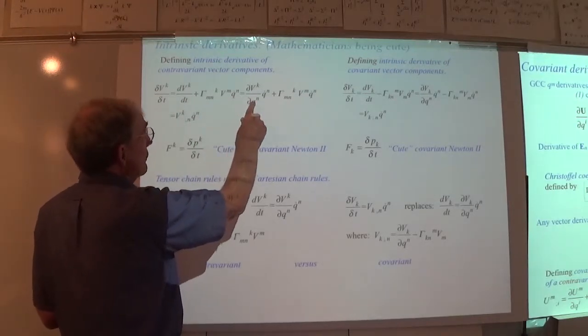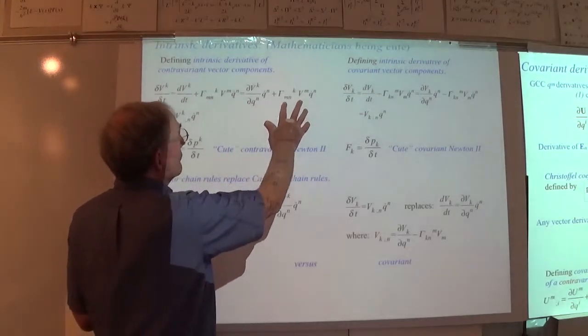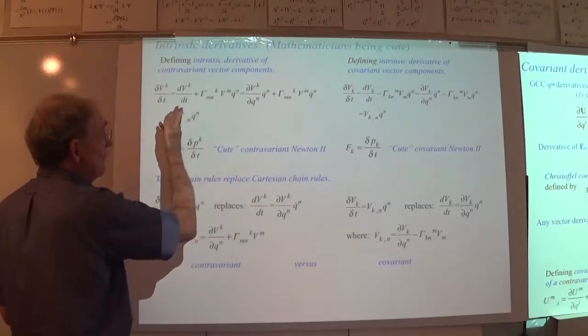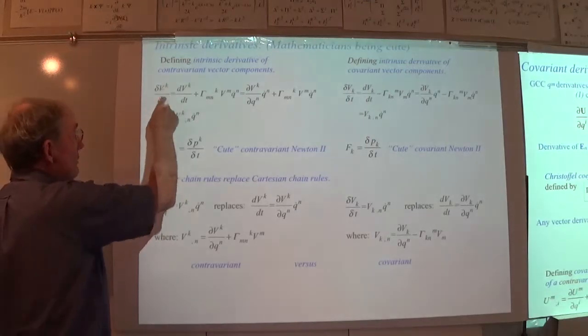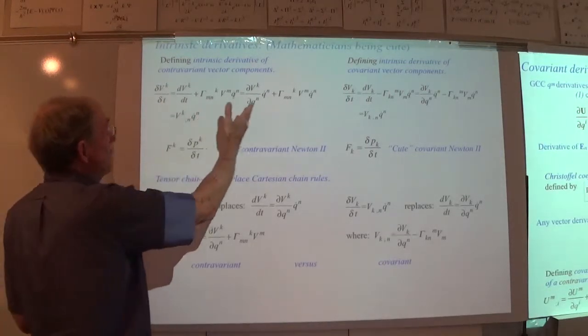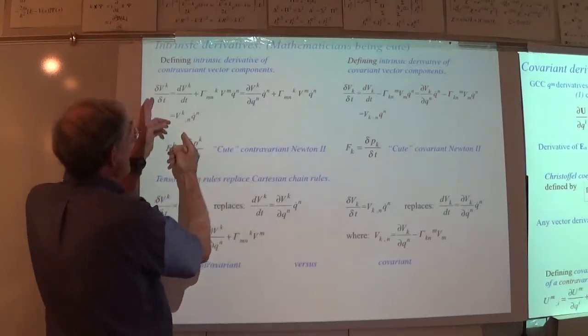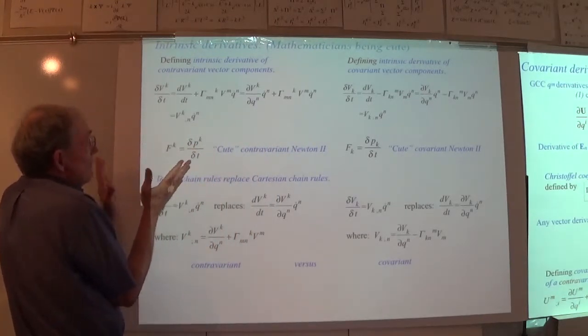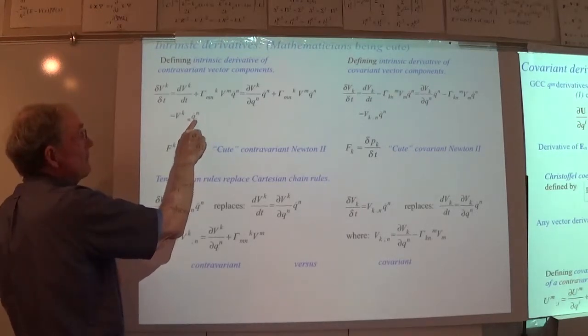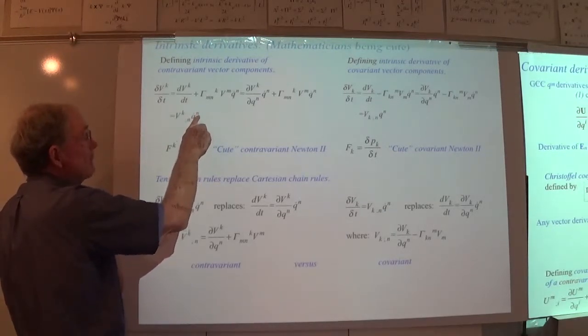In other words, we write this thing with the Christoffel coefficient in there, the q dot here just being the result of asking what happens when I take the d/dt here. Anyway, this is the definition of a real time derivative in a curved space that just involves the time derivative of all of the coordinates.